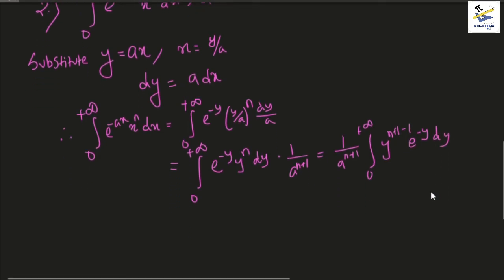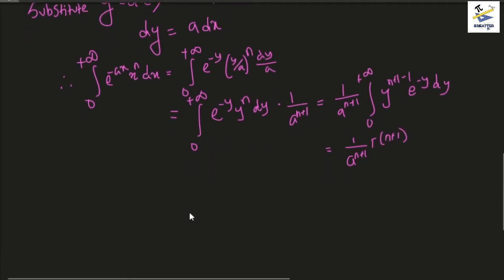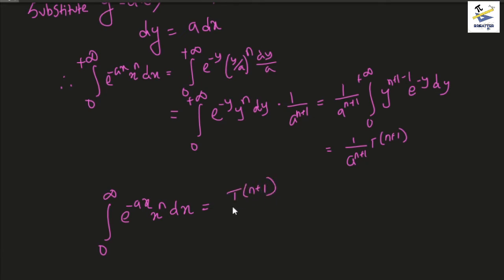As you can see, the integral is in the form of the gamma function, so we can write it as 1 by a to the power n plus 1 times gamma of n plus 1. So to summarize, the integral from 0 to infinity of e to the power minus ax times x to the power n dx is simply equal to gamma of n plus 1 by a to the power n plus 1, for a greater than 0 and n greater than 0.